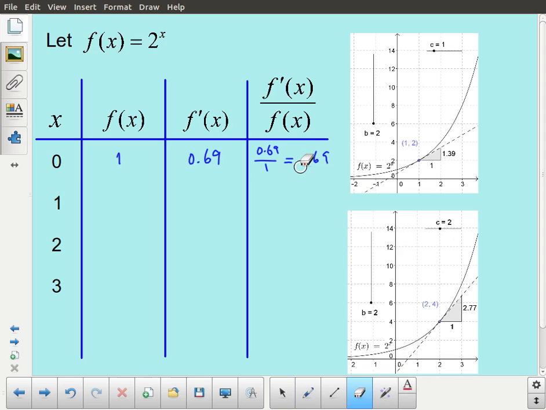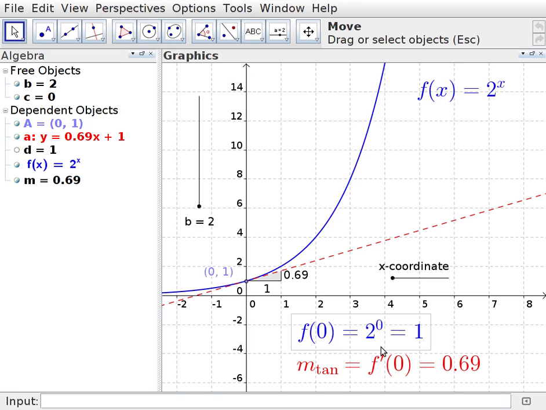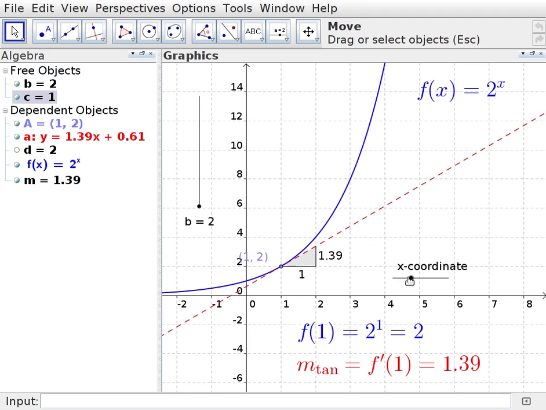Sorry, that looks like 6.69. 0.69. Okay, now if I did 2 to the power 1, that's going to be 2. And if I now move my x coordinate to 1, 2 to the power 1 is equal to 2. So when the x coordinate is 1, the y coordinate is 2.